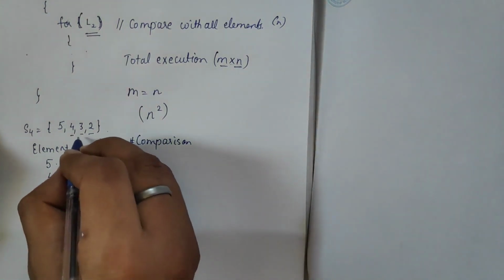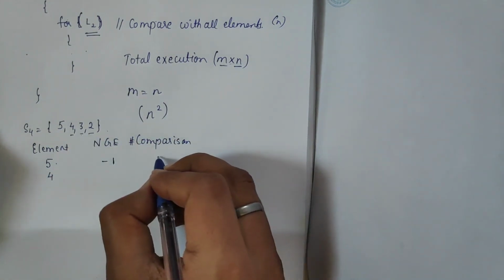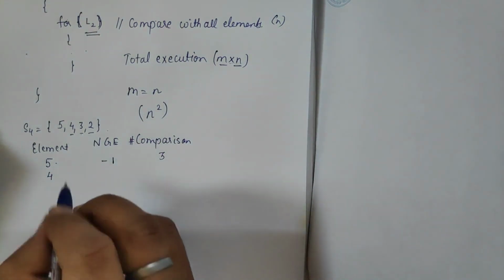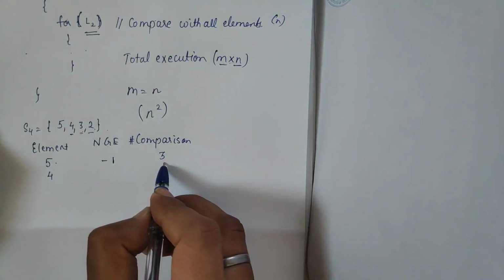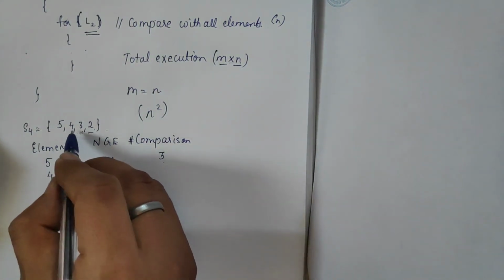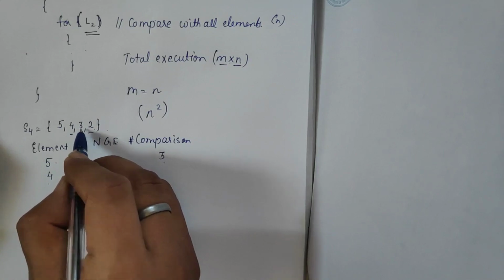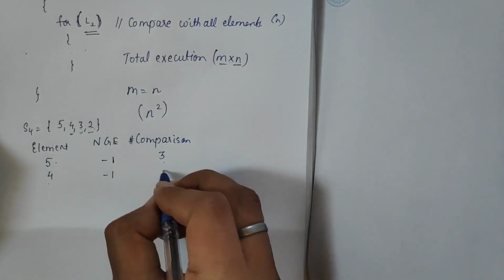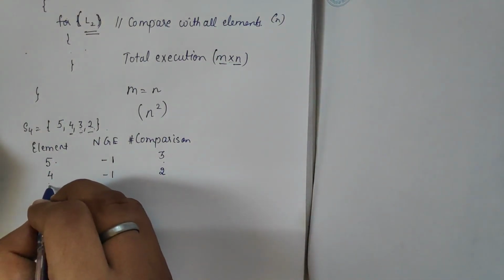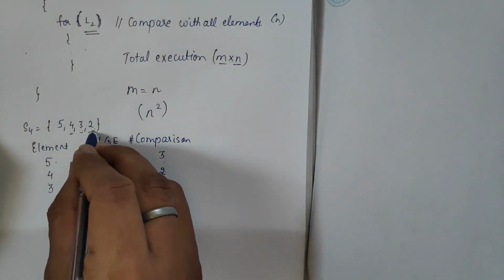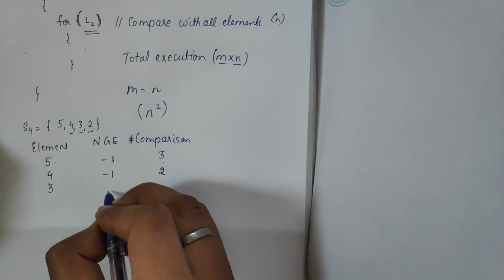Similarly for 4 I need to compare with 3, then 2. Number of comparisons I made for 5 is 3: comparing with 4, comparing with 3, comparing with 2. Next is 4. I compare 4 with 3, it is smaller, 2, it is smaller, end of the array. Now my comparisons is 2. When I compare 3, I compare it with 2 because we go only on the right hand side.